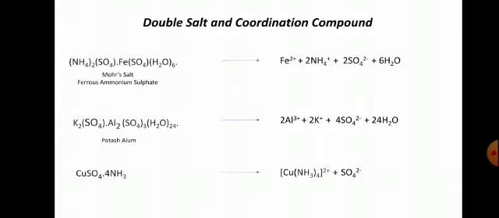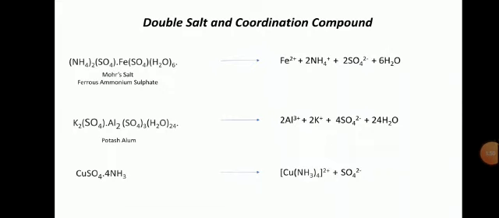These were different compounds. There are some compounds which are high molecular weight and appear to be a combination of 2 salts, but they are not. When they are put in water, they do not ionize completely like any other normal salt would, and such compounds were called coordination compounds.